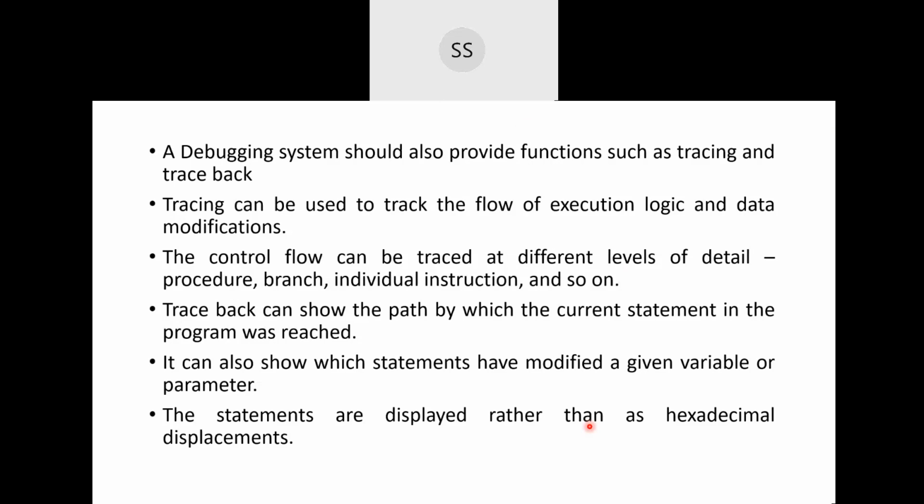When I talk about tracing, if I take a simple example, you must have done it when you studied data structures. What did you study in data structures? You had studied some code, or you can say when you studied C language, what did you do?